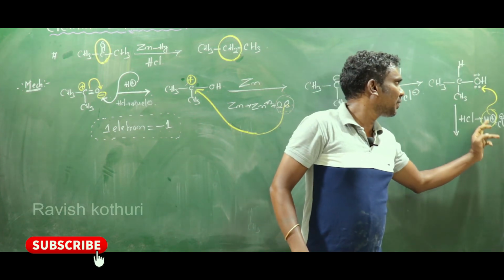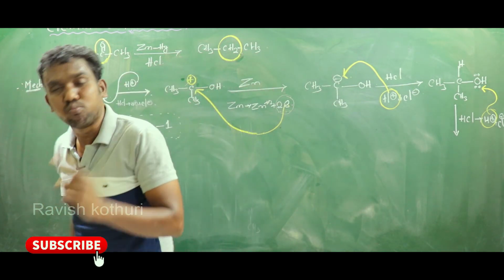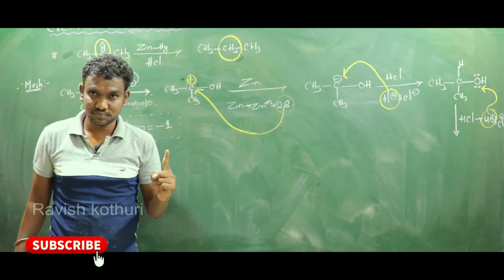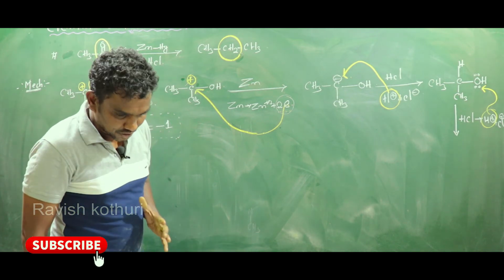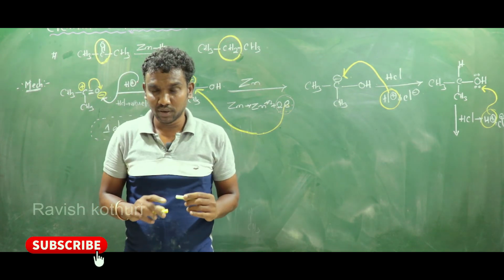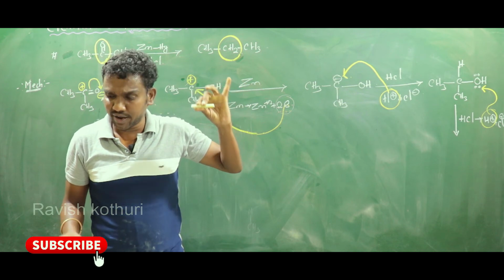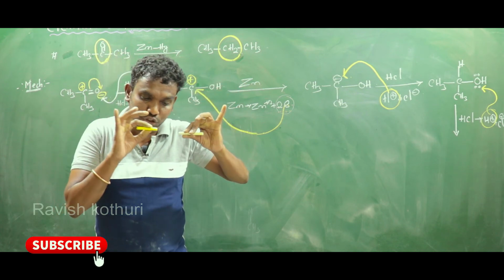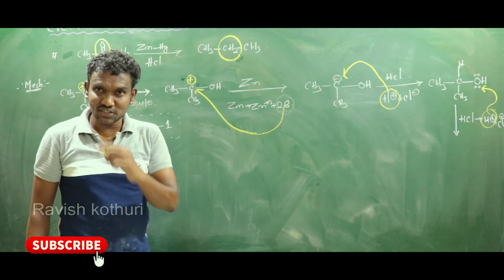So one H plus and one electron pair make a bond. That is very, very important, my dears. Point number 1: one negative charge and one positive charge become one bond. Point number 2: one electron pair and one positive charge also make a bond. So that is very important, my dears.